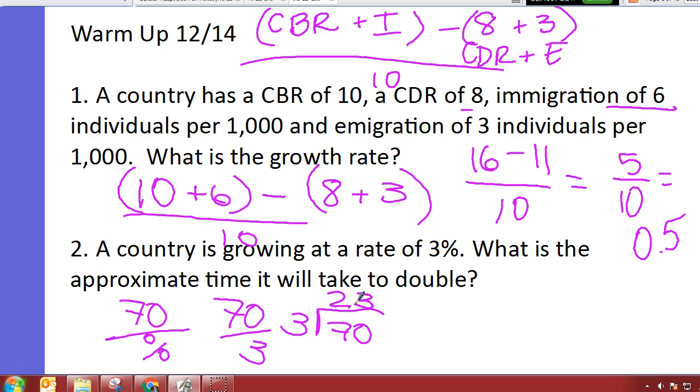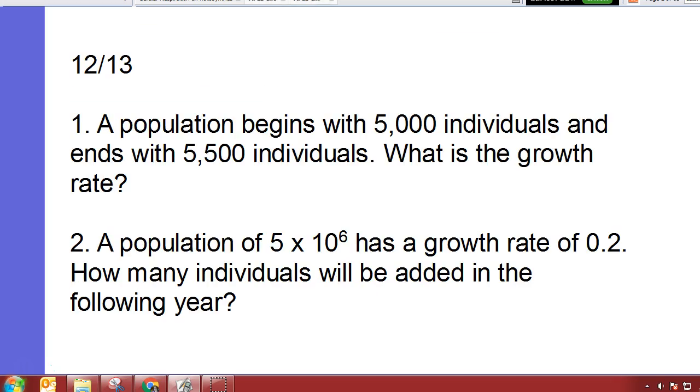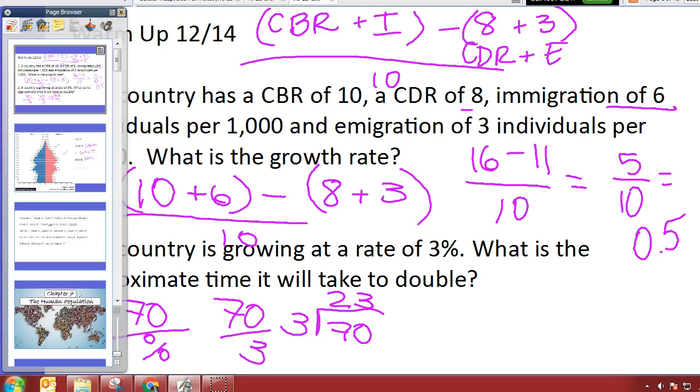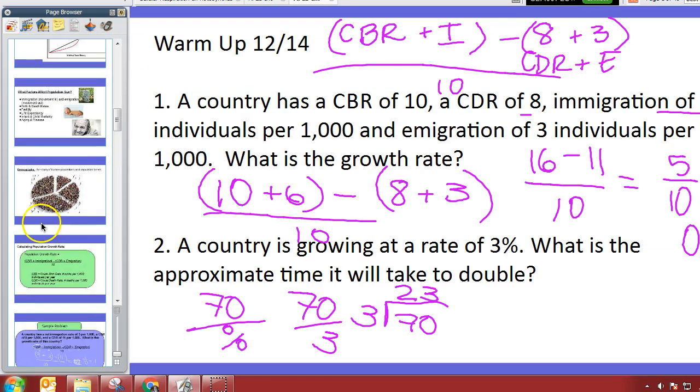We know how many births and how many deaths there are per year. So there's not a ton to write today.